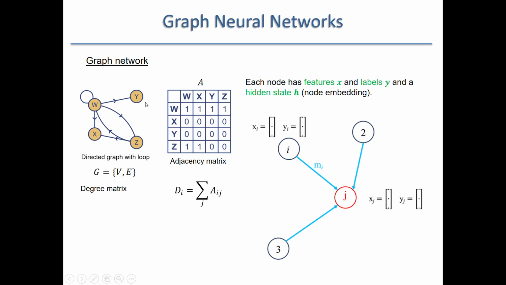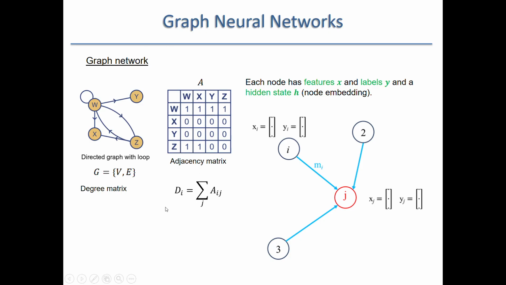The adjacency is just who is connected with whom, but you can also qualify these edges, and you can put some numbers depending on, for instance, the strength of the connection, or the cost of going from one to the other, or whatever.